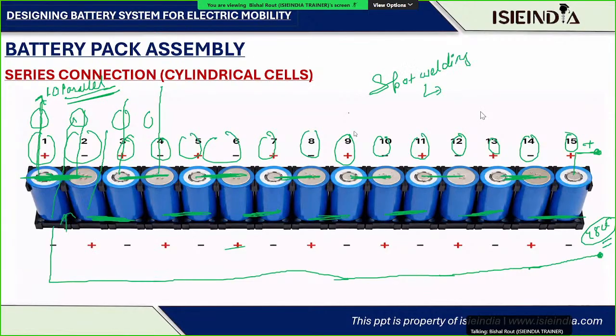But if I'm talking about another type of spot welding, it is called laser welding, which is utilized for applications of a bigger pack. If I'm talking about the Tata Tiago battery pack, there the welding has been done utilizing laser welding.